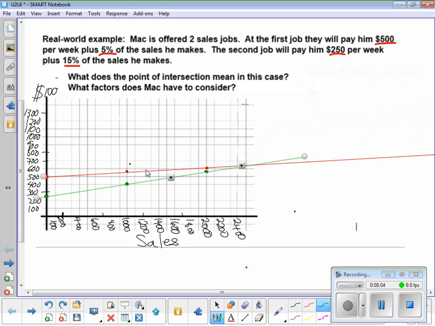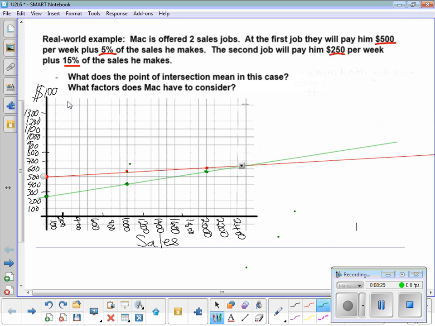He makes a fair amount of money, much more than the green line. But then there comes a point where the green line is going to be on the top. And if you notice I'm extending that green line, if he sells a lot, he's going to be making a lot more money than the red line.